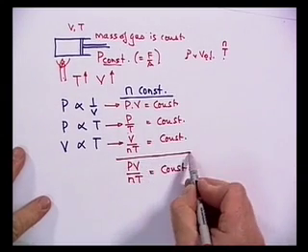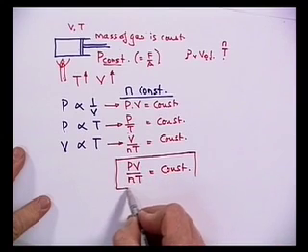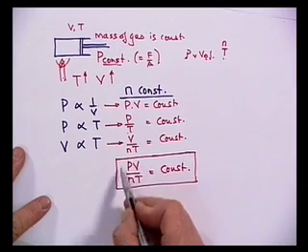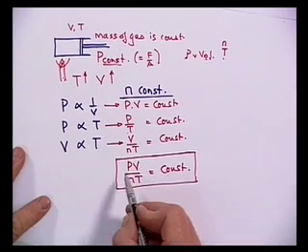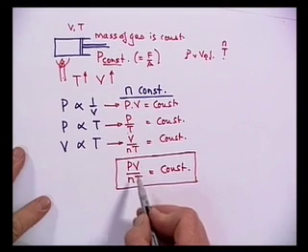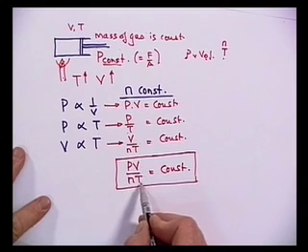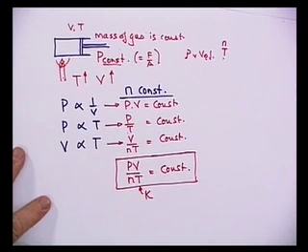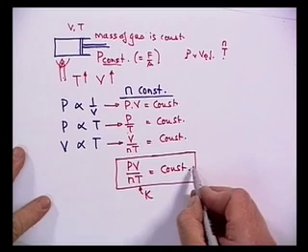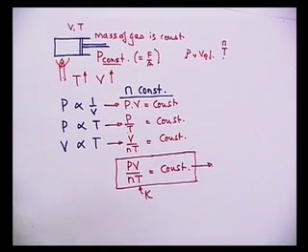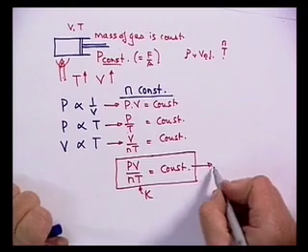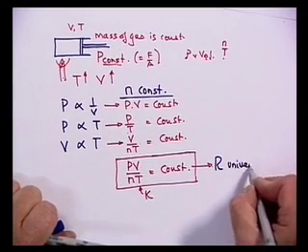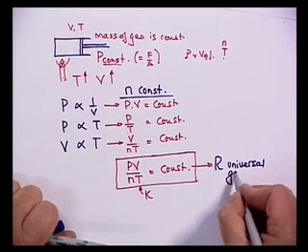As I say, no mathematician is going to love me for doing that in such a cavalier fashion, but this is in fact the way it turns out: the pressure times the volume, divided by the number of moles times the temperature in Kelvin, is equal to a constant. And this constant is called R, the universal gas constant.